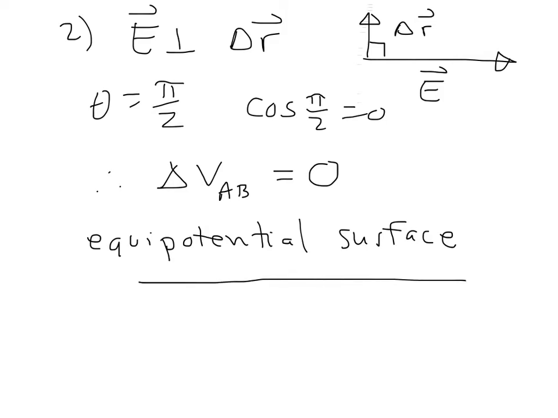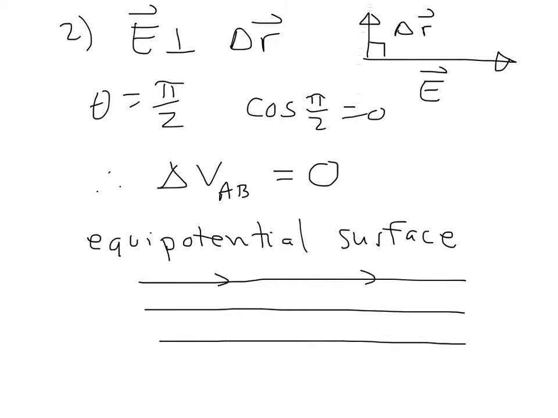Now, if you can remember when we talked about field lines, those field lines will be parallel and evenly spaced in a uniform electric field. The equipotential surfaces will be planes perpendicular to that, and I'll represent those by a dotted line. So these dotted lines, they look like lines, right? But they're to be thought of as planes.